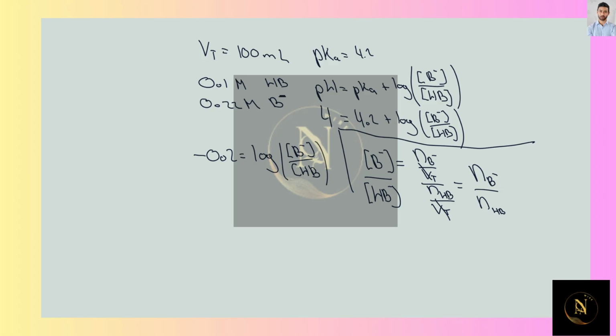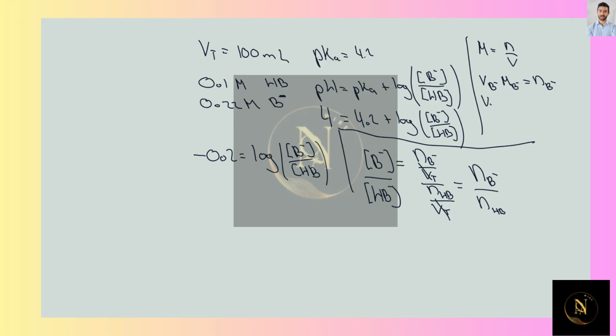Now, how can I get the amount of moles? Well, we know that molarity is equal to amount of moles divided by volume. So the volume added, for example, for benzoate times the molarity of benzoate is going to give us the amount of moles of benzoate that we're going to have.